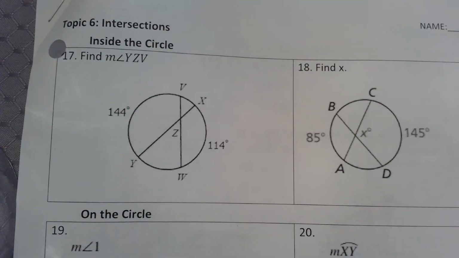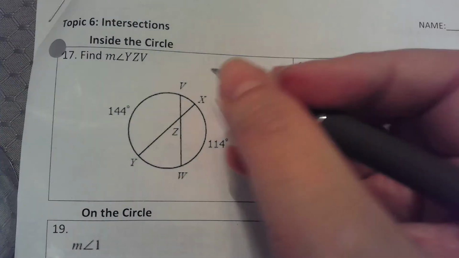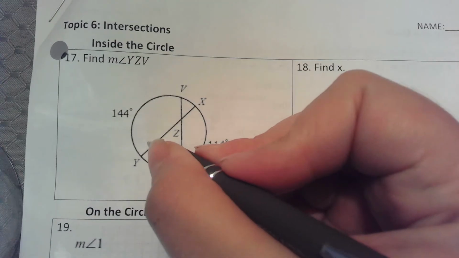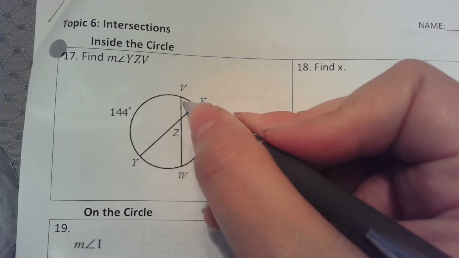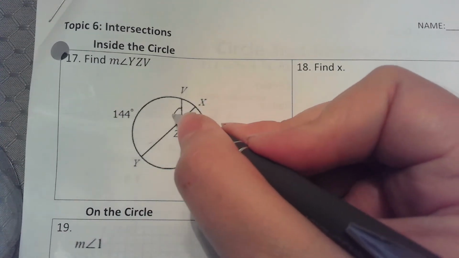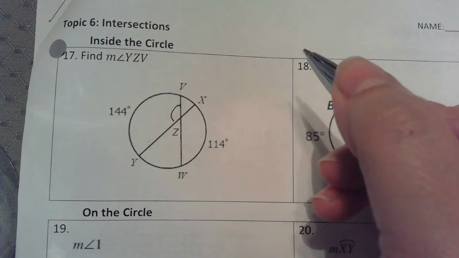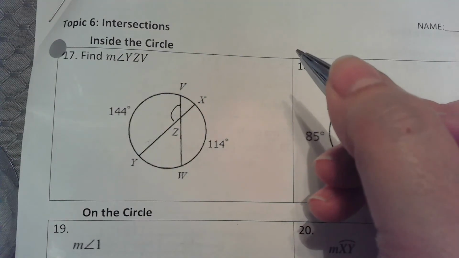Okay, so this one says find the measure of y, z, v. Okay, so that's this one. And we're going to find the angle inside of the circle.